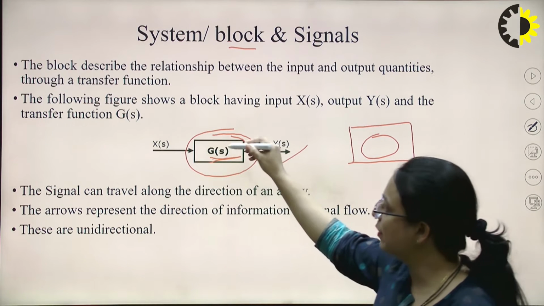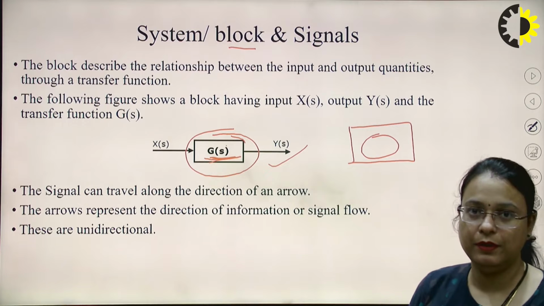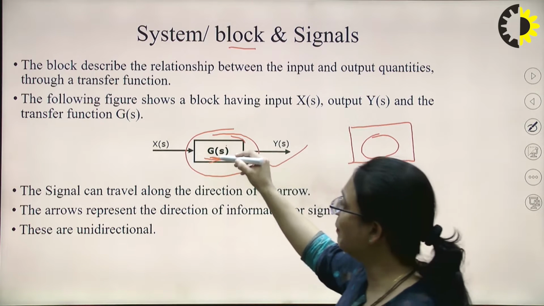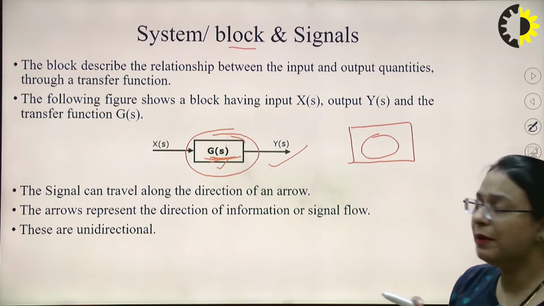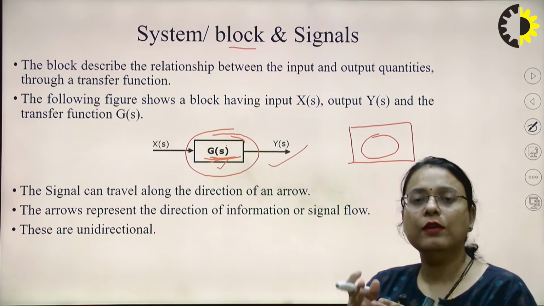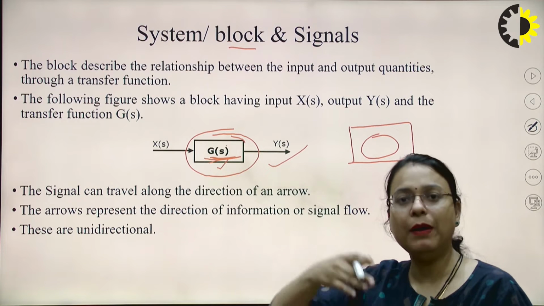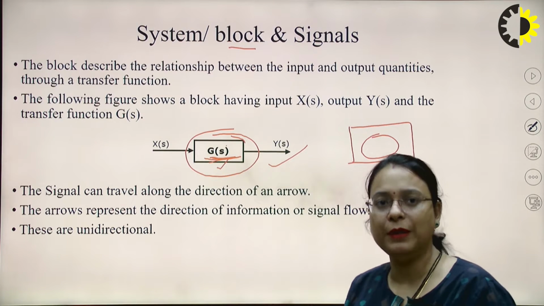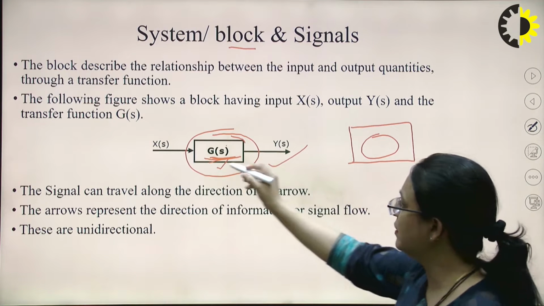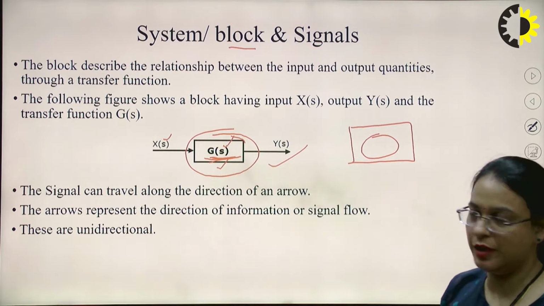This G(s) represents the transfer function of any particular element, okay? And this block basically represents the mathematical operation on the input by the block to produce a particular output. Here you can see this signal X(s) gets multiplied by the transfer function G(s) to produce the output Y(s), right?